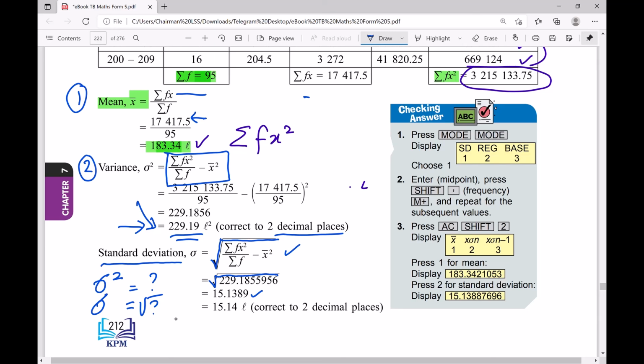Then you round it off to 2 decimal places. You'll get a very accurate figure. So it is safe, it's better next time you don't take the final answer here and square root it. You just use this one, the one before you round off.